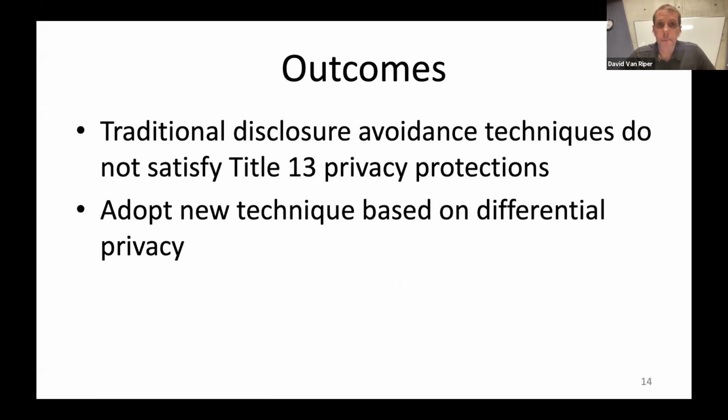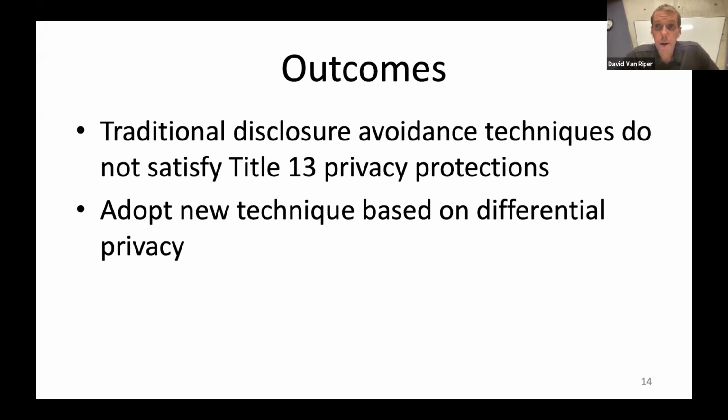This led them to claim that traditional disclosure avoidance techniques do not satisfy the Title 13 privacy protections that the Bureau operates under, and that they would have to adopt new disclosure avoidance techniques in order to meet those protections.